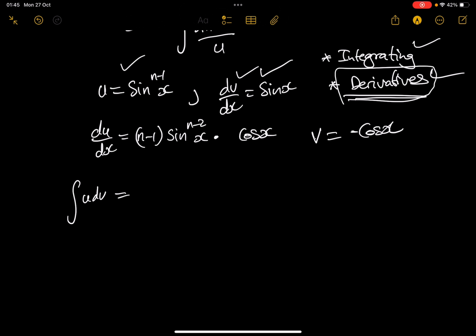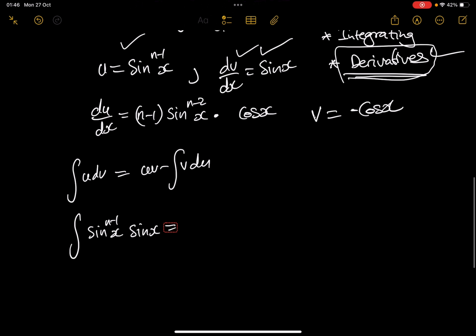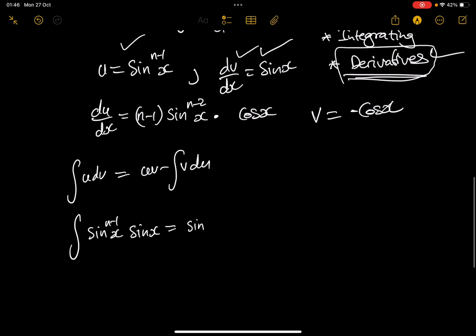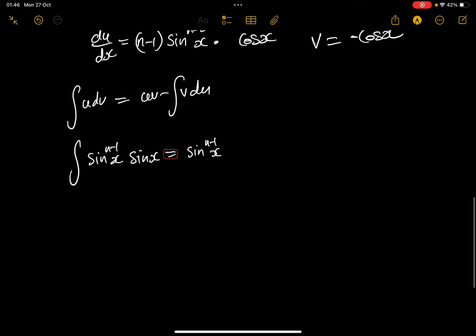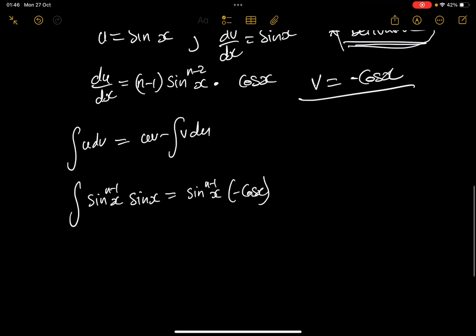So if we are using our formula, the integral of u dv, where u is sine n minus 1x and dv is sine x, equals uv, which is sine n minus 1, and then v is minus cos x, which we got from integrating here, and then minus the integral of v du.